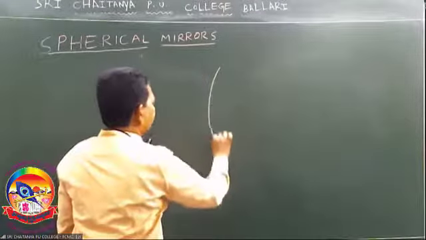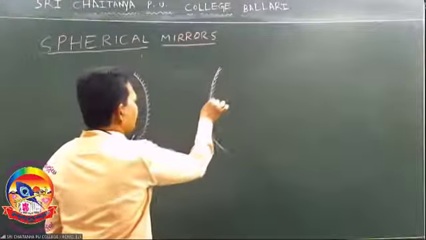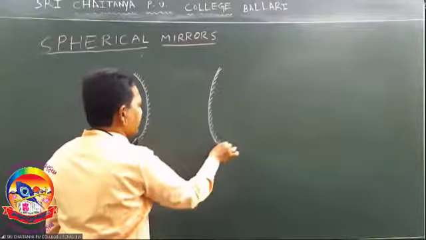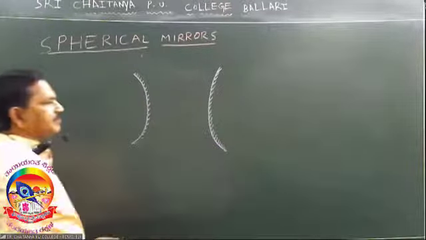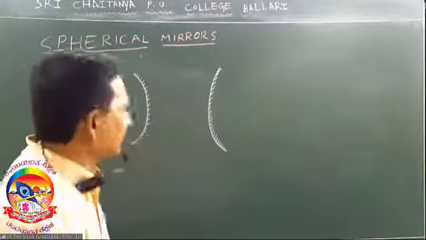This mirror is convex. Why convex? The inner surface is polished and the outer surface is the reflecting surface.